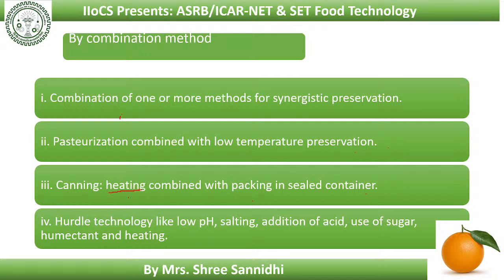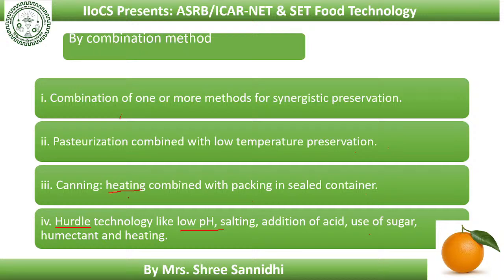The last one is hurdle technology. Hurdle technology uses low pH, salting, addition of acid, use of sugar, humectant, and heating. So in hurdle technology, we create different types of hurdles for the microorganisms to grow in the food. Maybe it might be the combination of low pH.